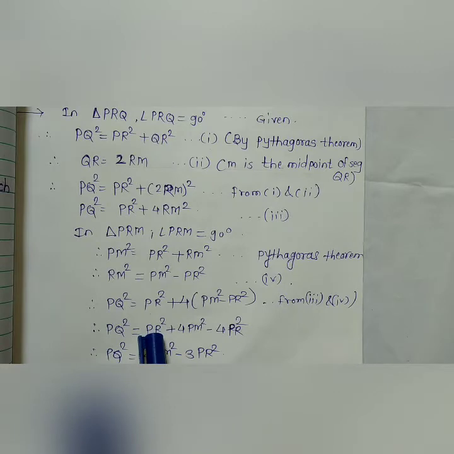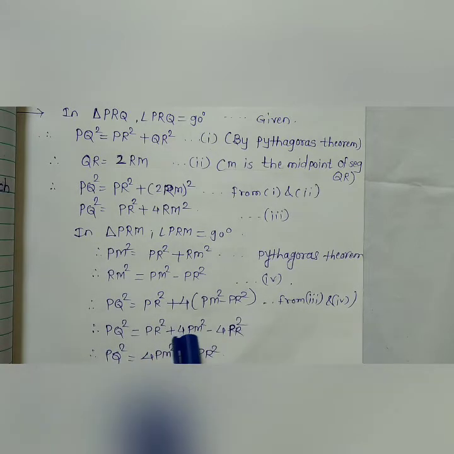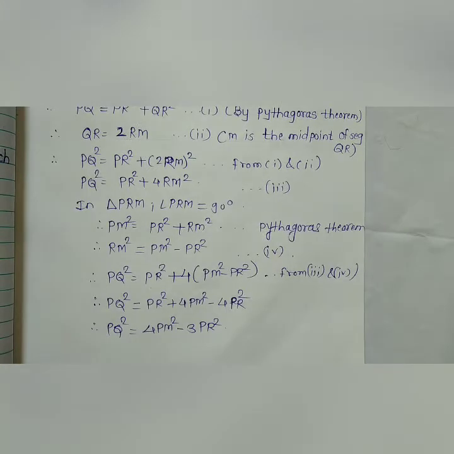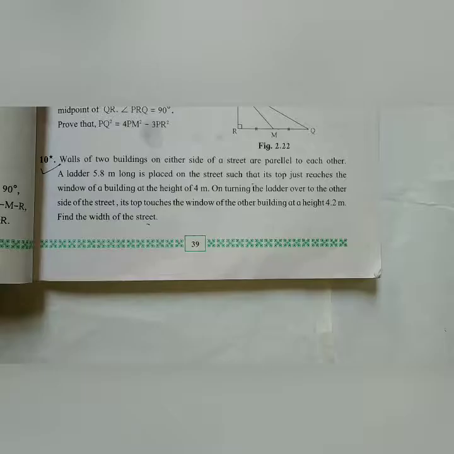Here, plus PR square and minus 4 PR square, we get minus 3 PR square. This is what you had to prove: PQ square is equal to 4 PM square minus 3 PR square.